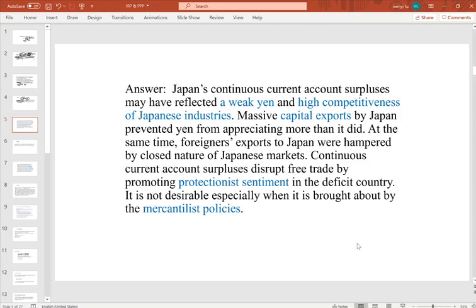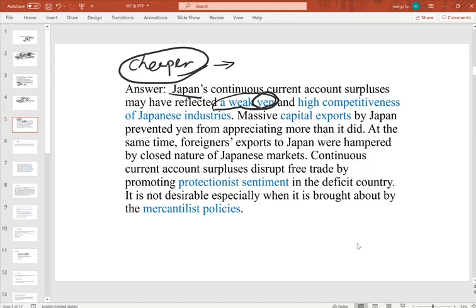Your goods must be relatively cheaper. For example, Japan has a weak yen; yen is the Japanese currency. Compared with the strong dollar, they have a weak yen, so their goods are relatively cheaper. It will be good for their export.